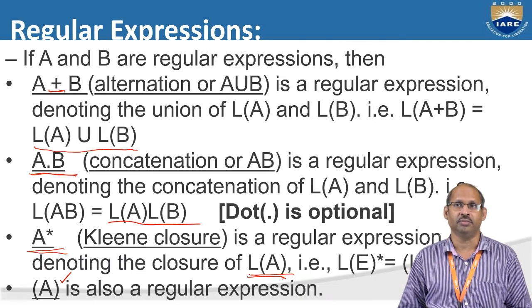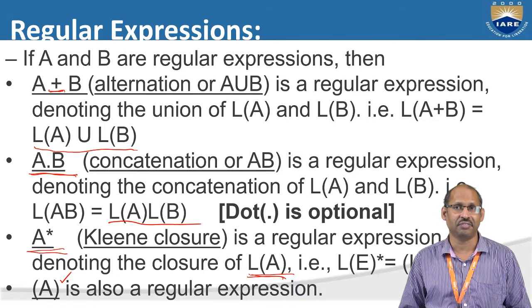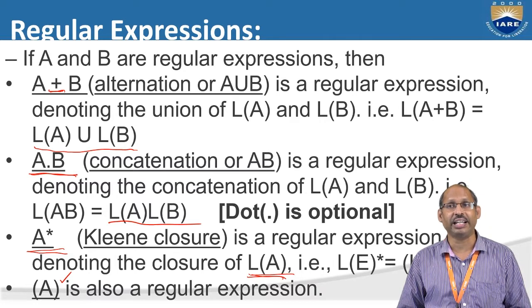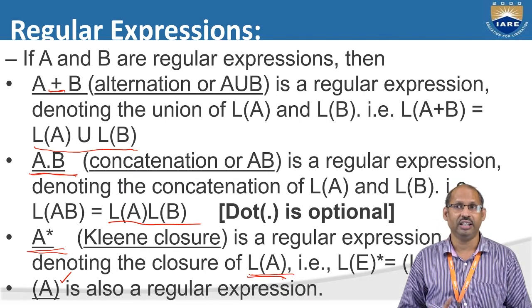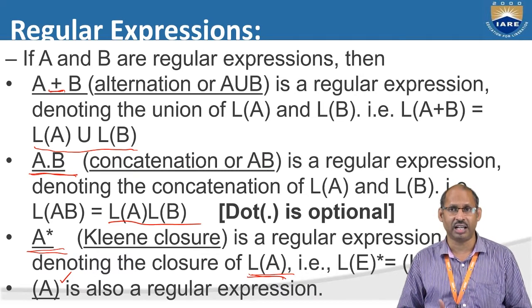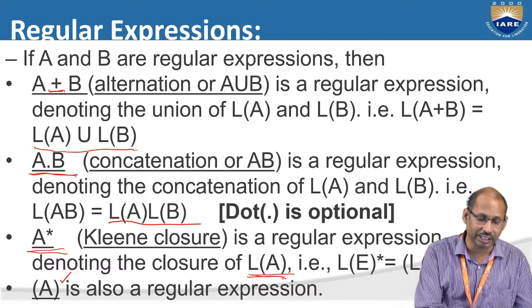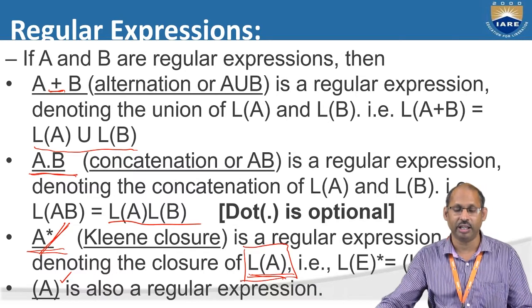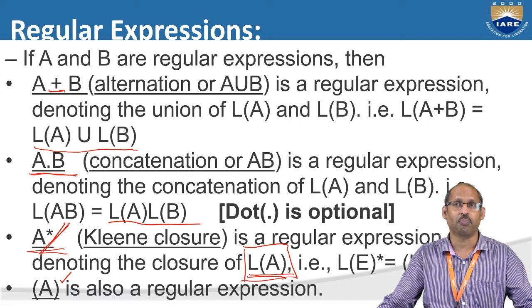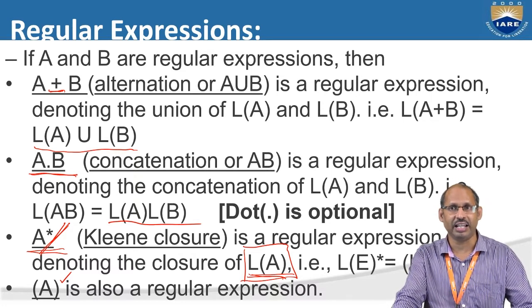Union is a union of two languages L of A and L of B. Concatenation is a concatenation of two languages L of A and L of B. Then Kleene closure is a regular expression denoting the closure of the language accepted by A. These are the three main properties that we apply on the primitive regular expressions to construct a regular expression for any regular language.